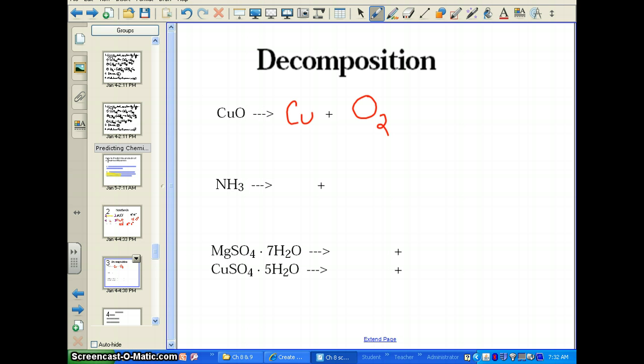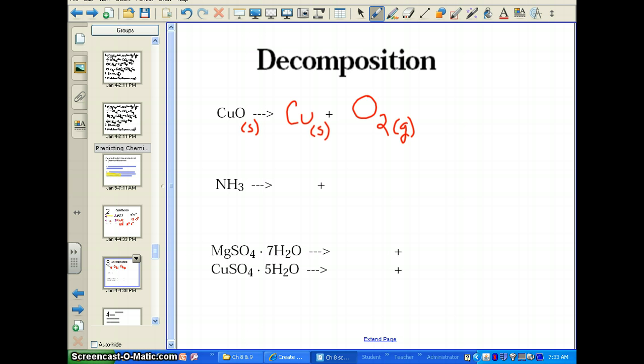Going forward, if you wanted to say what the states of matter are, copper oxide is an ionic compound, and all ionic compounds are solids. So we could put the state of matter for the copper oxide there. We could also put the state of matter for the copper metal, because I know copper metal is a solid, and I also know that oxygen is a gas.